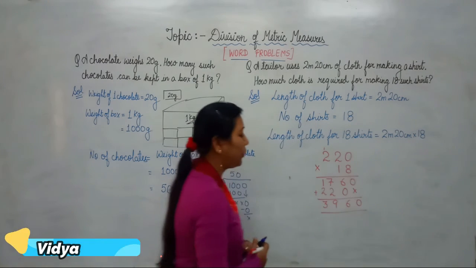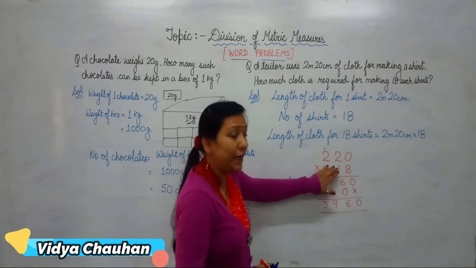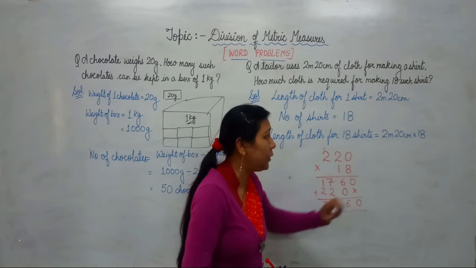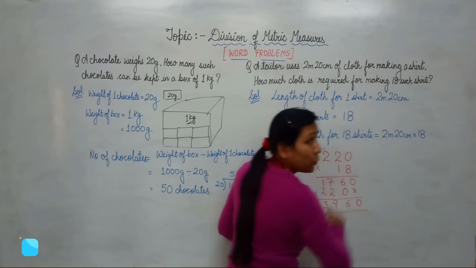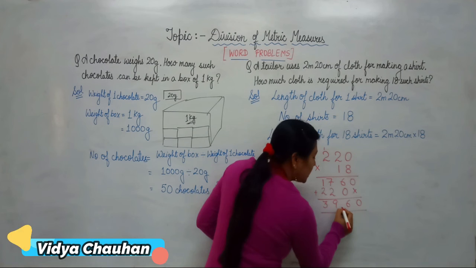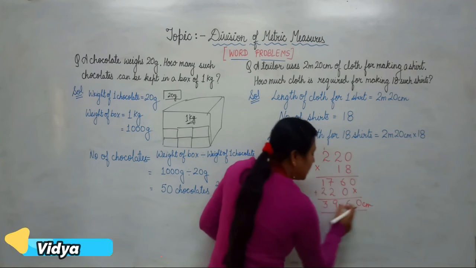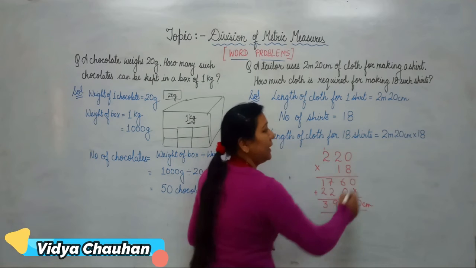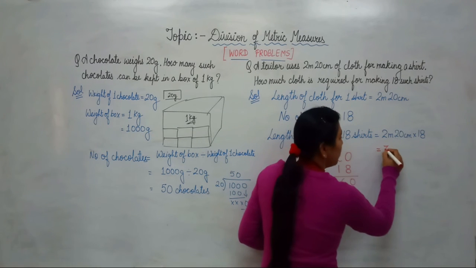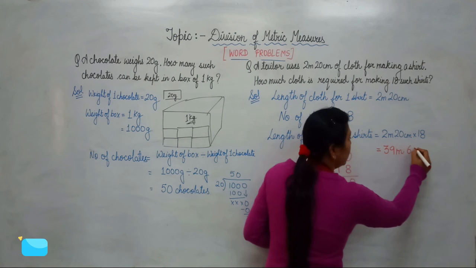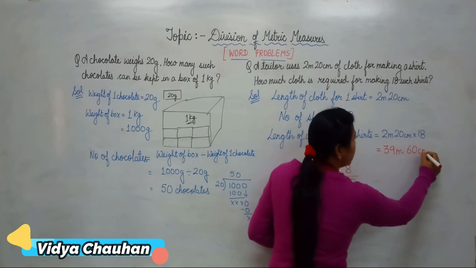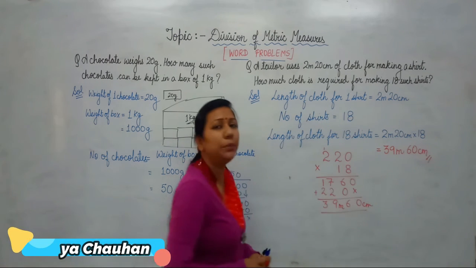So the product of 220 with 18 is 3960. Since in centimeters there is a group of 2 digits, you will get a decimal after 2 places. That means we can separate it as 39 meter and 60 centimeters. So how much cloth is required for making 18 such shirts? 39 meter and 60 centimeter.